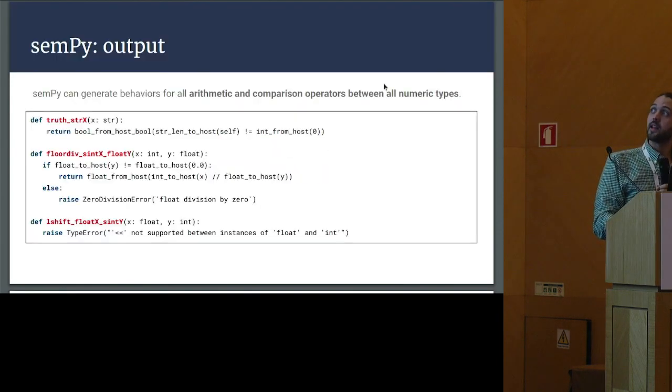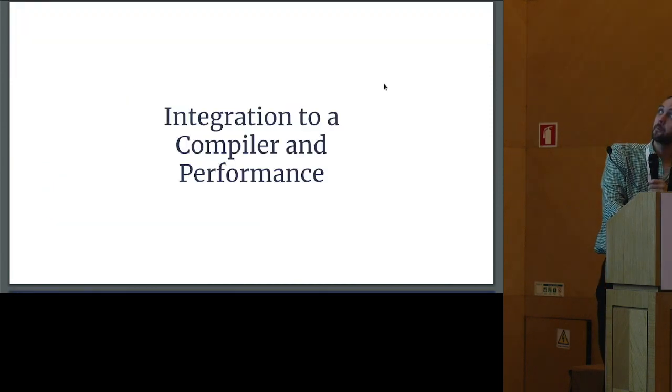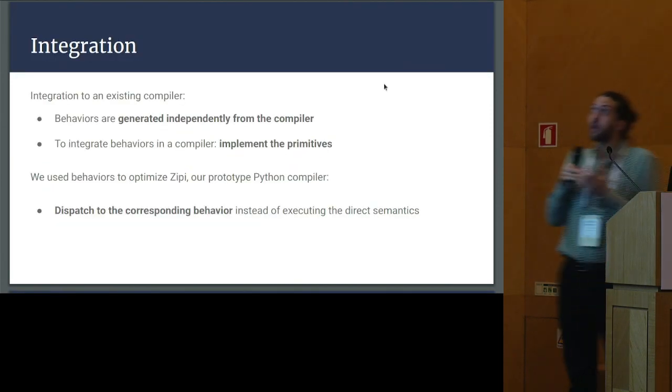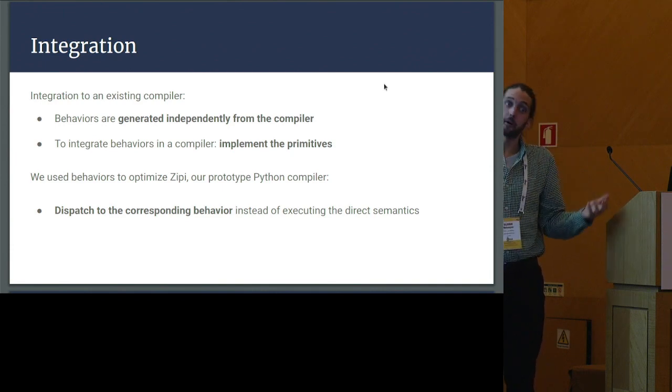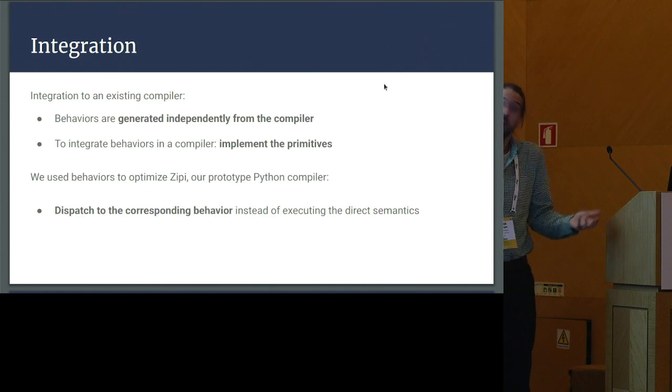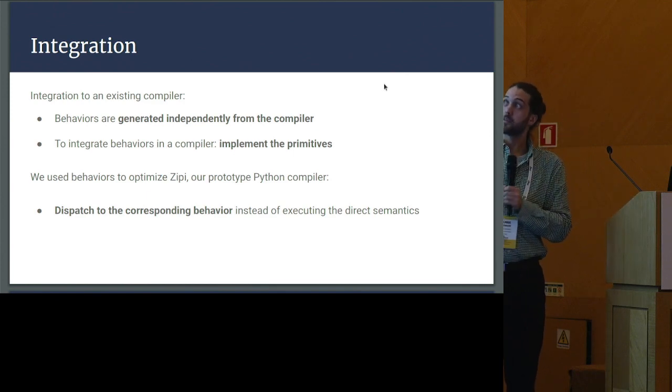And the goal is then to use those behaviors and integrate them into a compiler to see the performance we get. So first of all, I want to point out that those behaviors we generated are actually independent from the compiler. As long as your compiler is able to parse Python syntax, which it should be able to do, and it knows those few primitives, then you can just make it read the primitives and integrate it in the compiler.